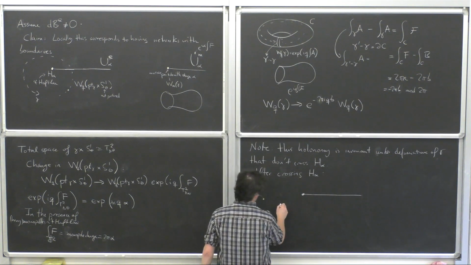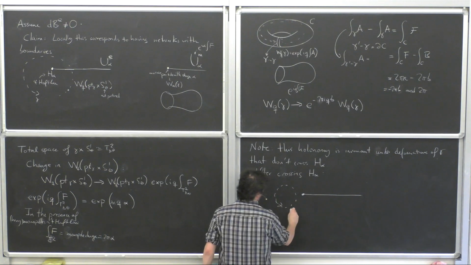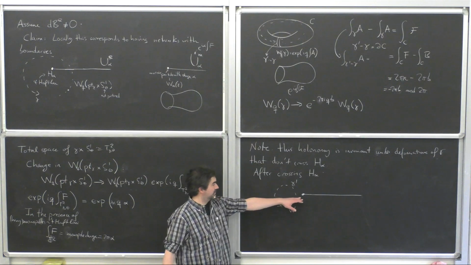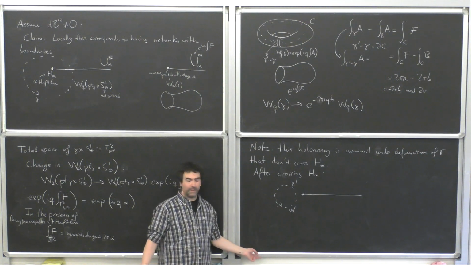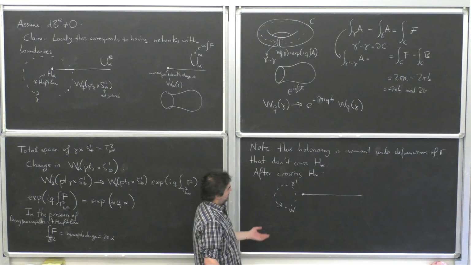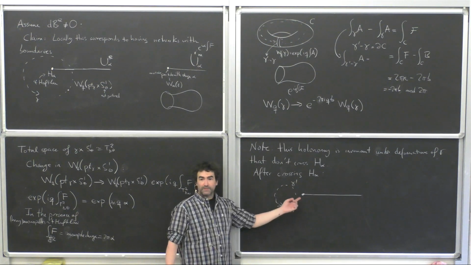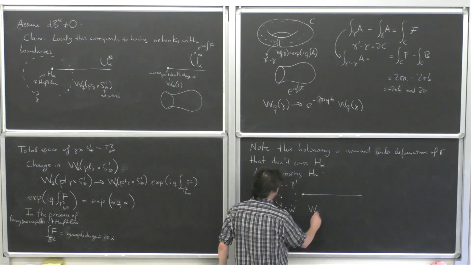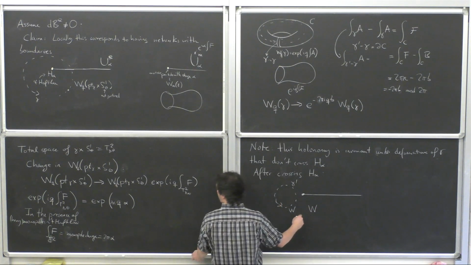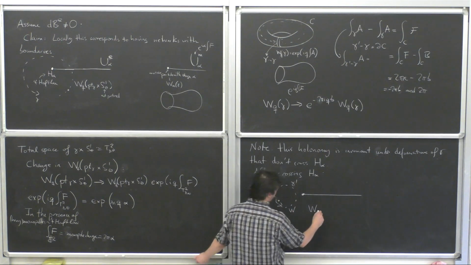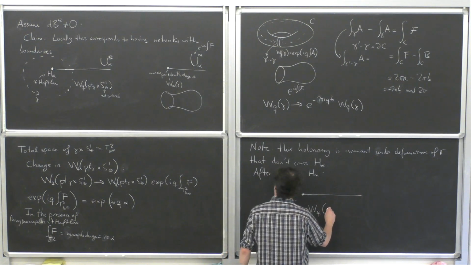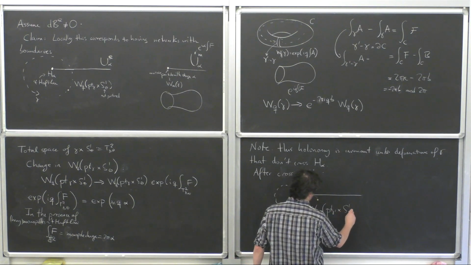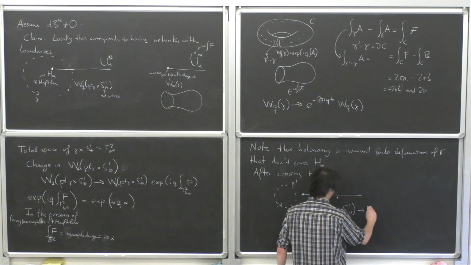But now I'm dragging my Wilson line on some cycle gamma prime, which is outside this network. Well, in this case, clearly I'm not crossing any defect, so the phase of the Wilson line will stay invariant. So in this case, W_Q at the point in gamma prime times S1 theta goes to itself.